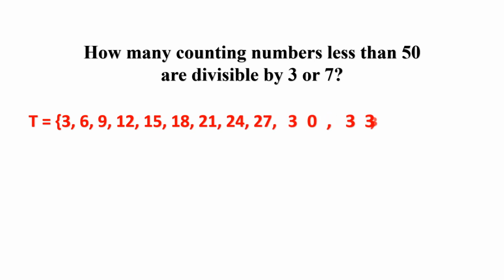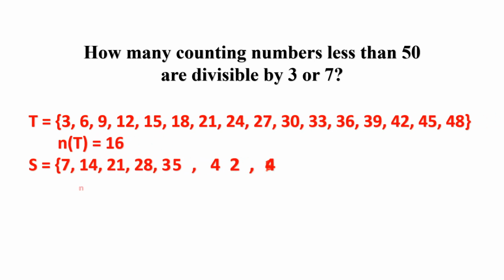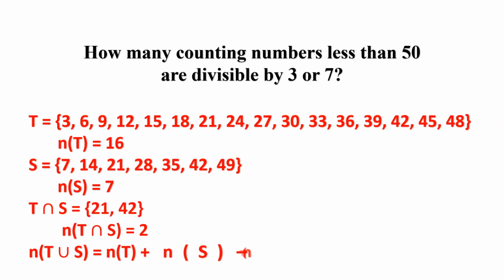Here is a suggested solution. Therefore, there are 21 counting numbers less than 50 that are divisible by 3 or 7.